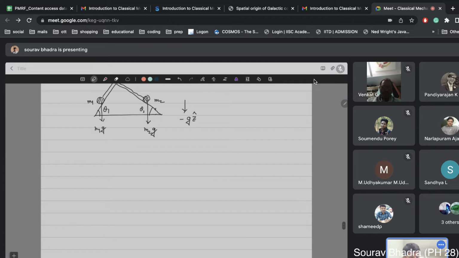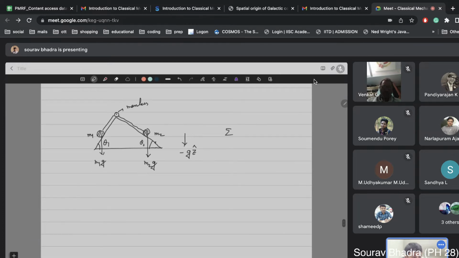So (Fi^A - Pi dot) · delta Ri = 0. For this particular system, the only forces acting are m1g and m2g.